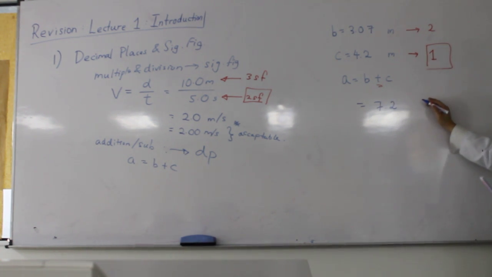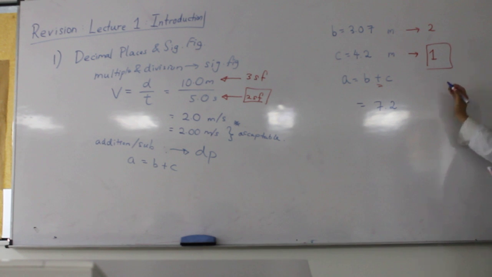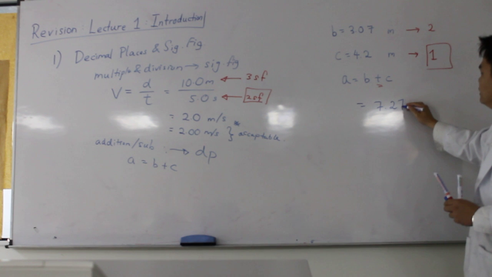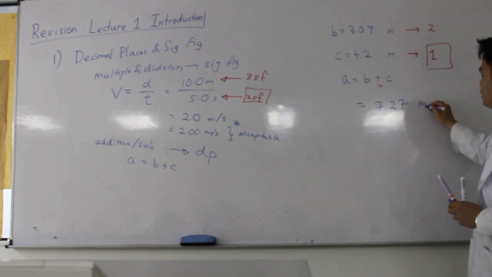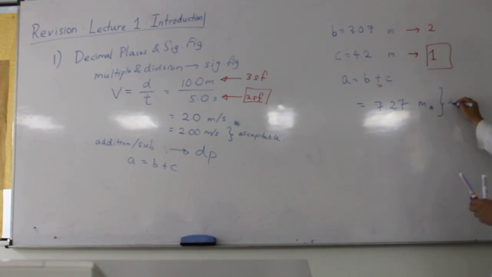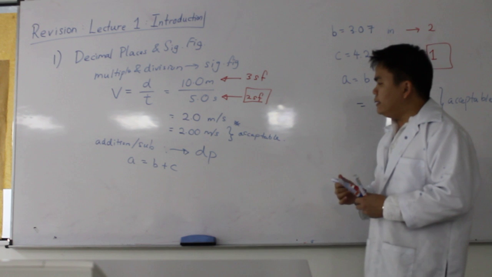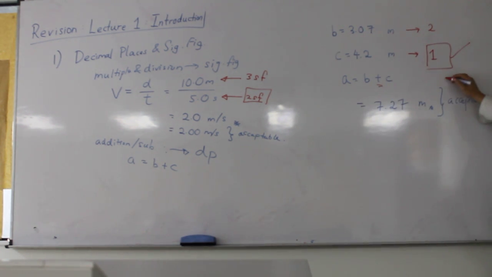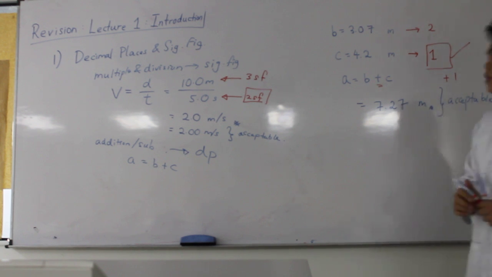Or, as I said, you can always extend 1 more, so you can put it as 7.23 meter. This is also acceptable and more accurate. But the ideal case is to maintain the smallest scale, which is 1, but you can plus 1 if you think that it gives you a better result.